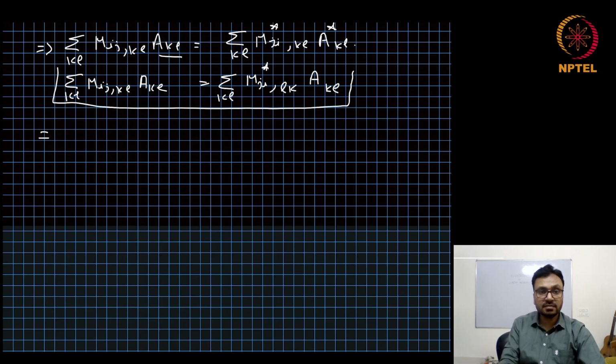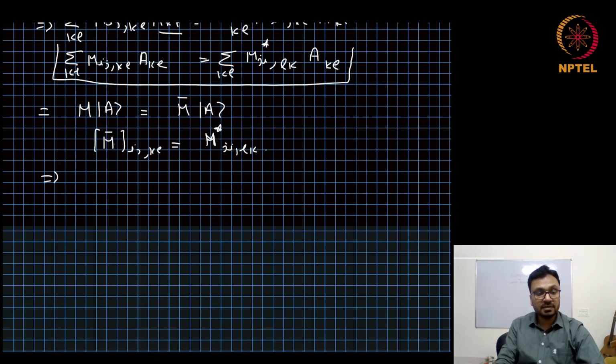Now we write it in matrix representation: the matrix M acting on unfolded vector A equals M bar unfolded vector A, where M bar is defined in such a way that its IJ,KL element is M star_JI,LK.